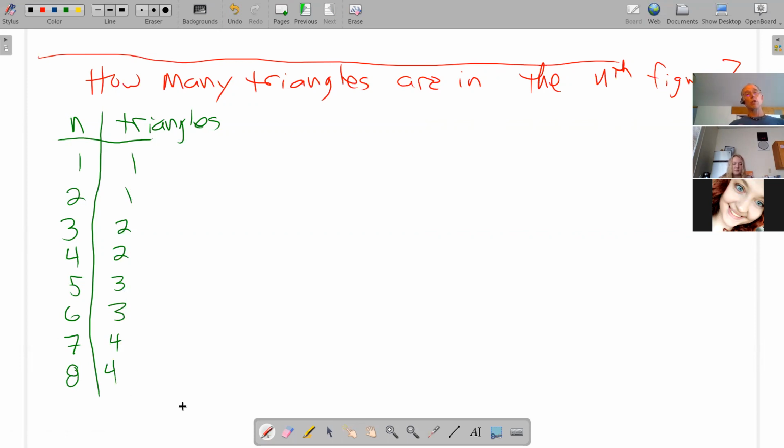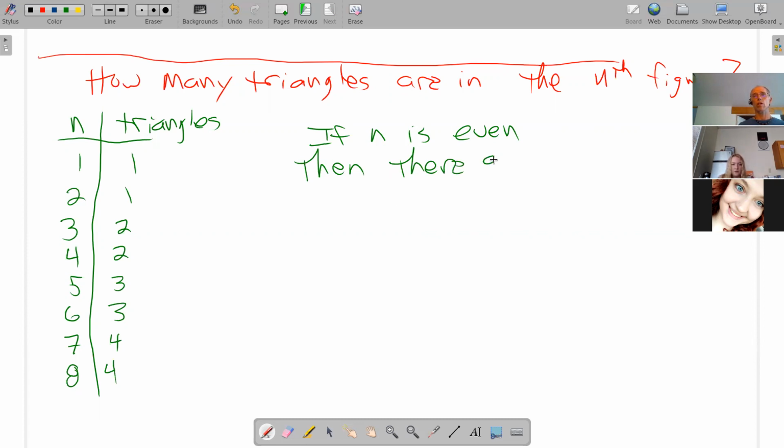All right, and then you guys made some great comments that if it's even, there'll be an equal number of triangles and squares, or if it's even, the number of triangles is exactly half. So let's make a note of that. If n is even, then how do you do half? You just multiply by a half or divide by 2.